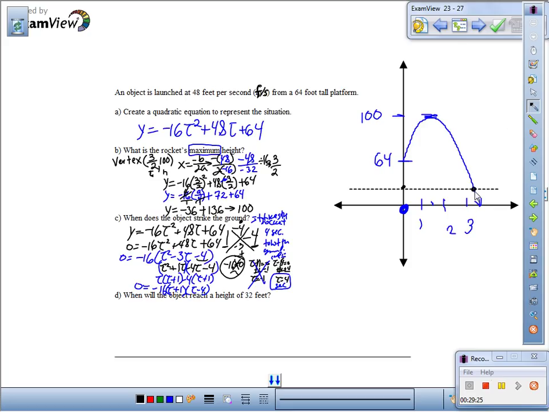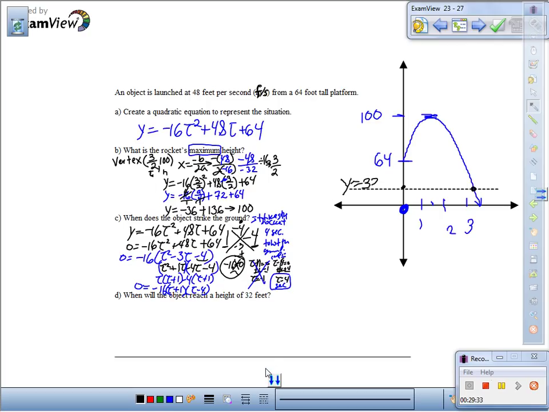Right here, is that correct? So what would be the equation for this line? Y equals what? What was this height we said? 32. Does that make sense? Remember that we did the word problem with the elevator and all that? It's the same thing, a similar idea.